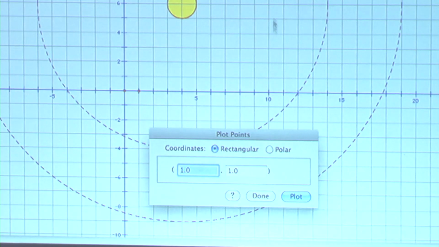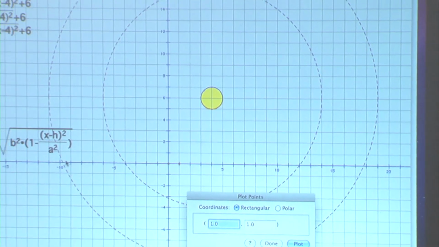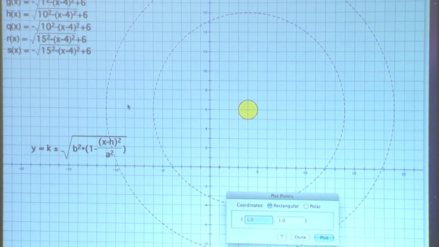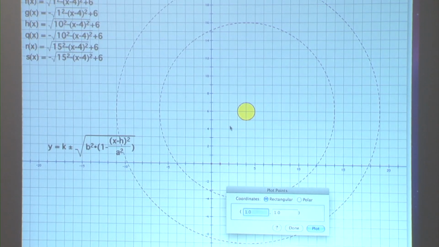Okay, if I do 10, 10, is that good for our ellipse? 16, 6. Negative 9, 6. You want this as your focal point? Okay. So maybe we don't know what we're looking for in our focal point, so I'll make one up for you. Okay, so here's our focal point 1 at 4, 6.